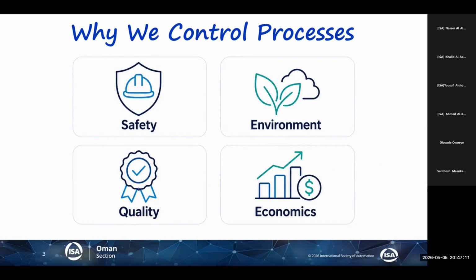You have alarms, limits, product quality, compliance to regulations. These are usually very visible. The fourth one is really less visible, the economic objective. And this is where advanced process control and optimization can create value. This is basically its field.